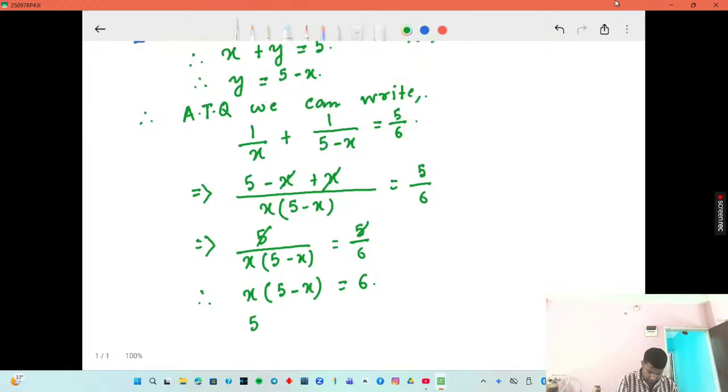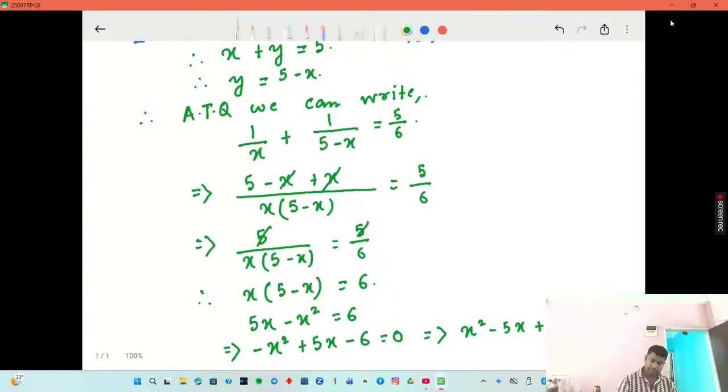So 5x minus x squared is equal to 6. Therefore, minus x squared plus 5x minus 6 is equal to 0, that is, x squared minus 5x plus 6 is equal to 0.